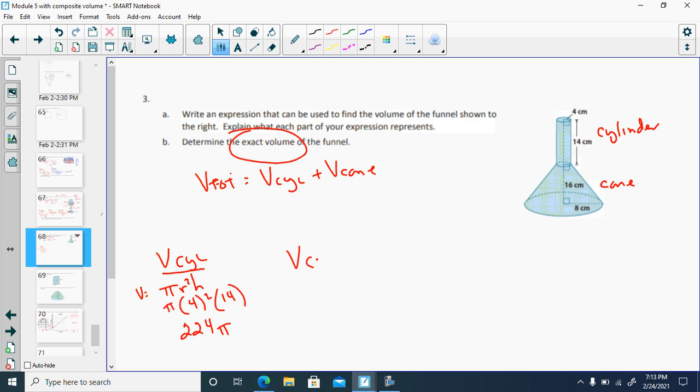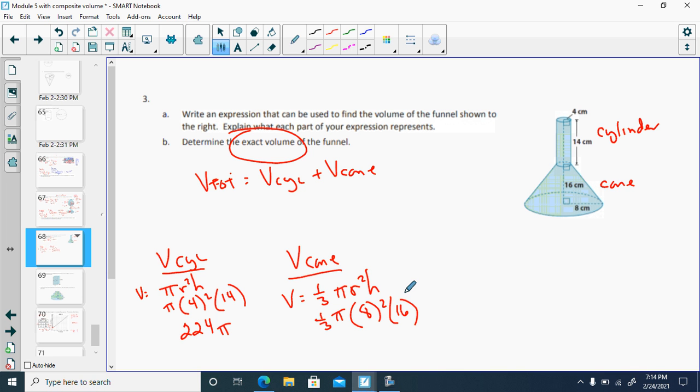The volume for our cone, let's do that. Volume is equal to 1/3 pi r squared height. That is 1/3 pi, we leave pi alone. Our radius is 8, our height is 16. So that would be 8 squared, which is 64, times 16, then divided by 3.